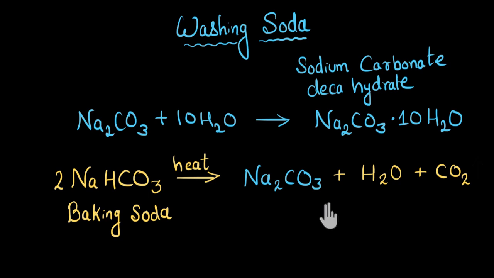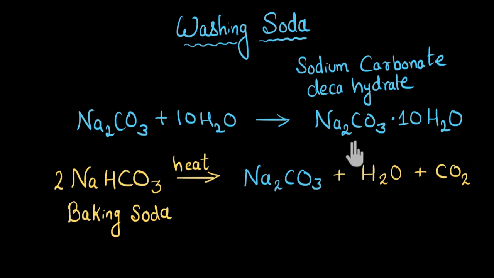Now, one more thing. The formulas of washing soda and baking soda seem very similar, right? They both have sodium and they both have carbonate also. It's just that baking soda has an extra hydrogen and washing soda is without hydrogen. And also washing soda has extra water in it, whereas baking soda doesn't.